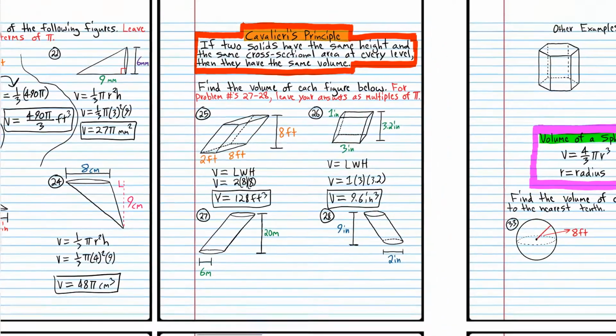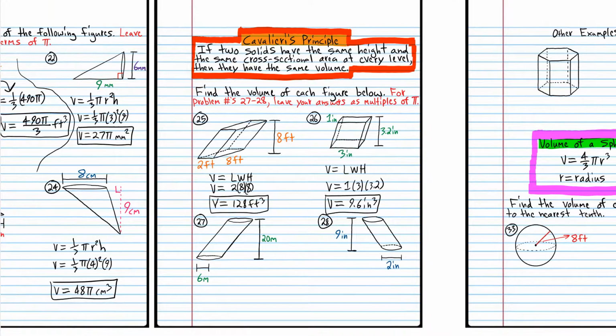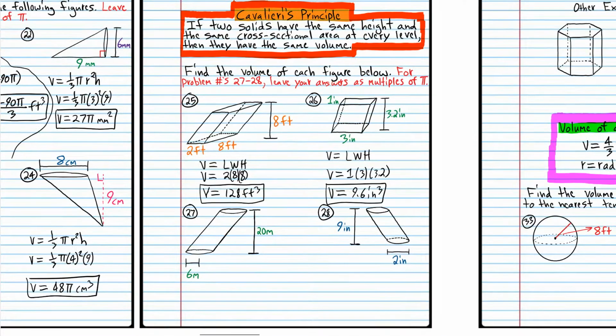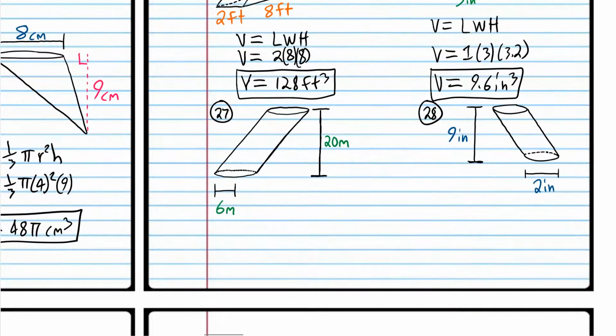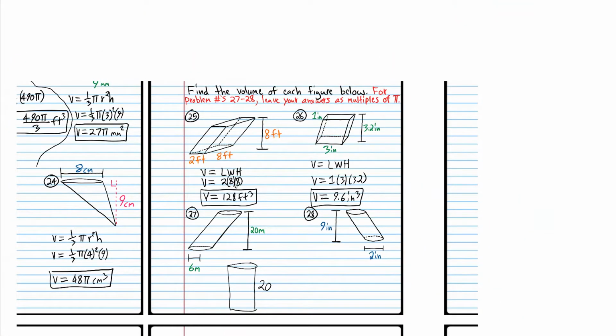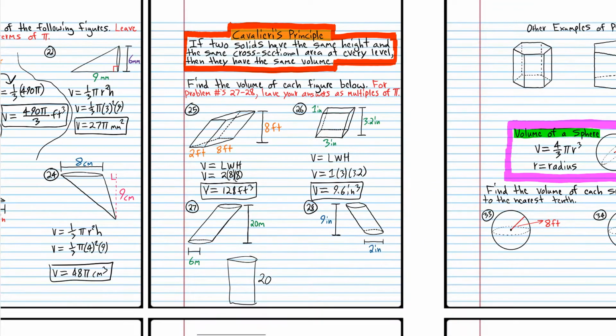So now the same is true for these cylinders. You see, we learned how to find the volume of a cylinder. And if you take the corresponding cylinder that has the same height, but now it's a right cylinder, again, there's 2 characteristics we need to use Cavalieri's principle. One characteristic is that the height has to be the same.